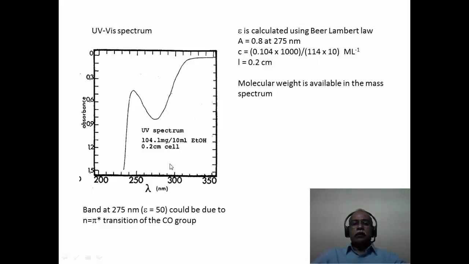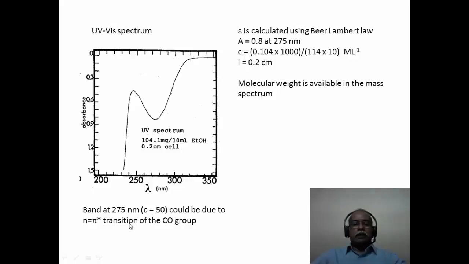The path length is shown as 0.2 centimeter. The absorbance is taken as 0.8 corresponding to 275 nanometer. So using the Beer-Lambert law, one can easily calculate the epsilon value, which turns out to be approximately 49 point something. So I rounded it up to 50. The unit that one can use for the epsilon value is mole inverse liter centimeter inverse.